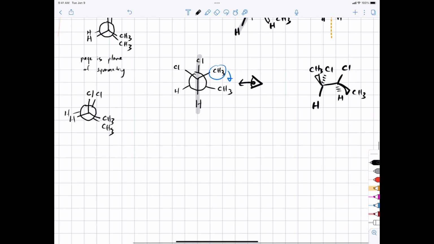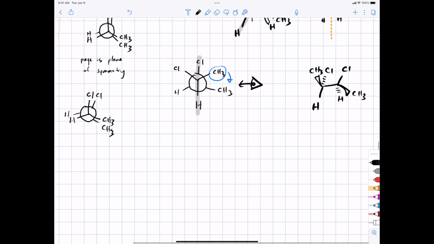And again, all I need to do at this stage is rotate around this bond such that I bring chloro up into the plane of the page. Doing that is going to rotate the methyl group towards the bottom of the page, but still oriented outward, the hydrogen towards the bottom of the page, but oriented backwards, and the chloro group here.